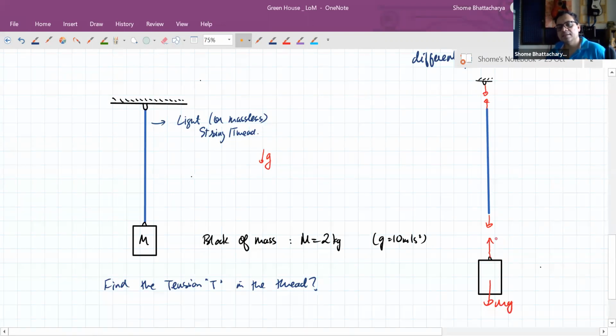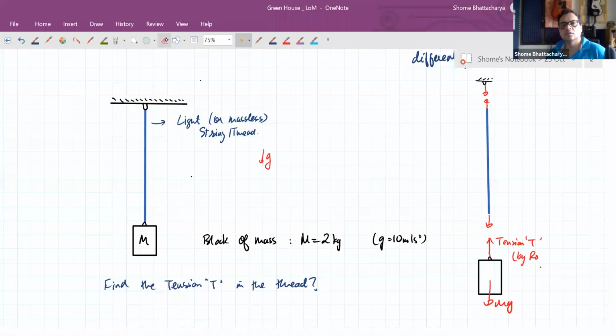Of course the weight is mg, and this is the force of tension T by the rope or by the thread on the block.